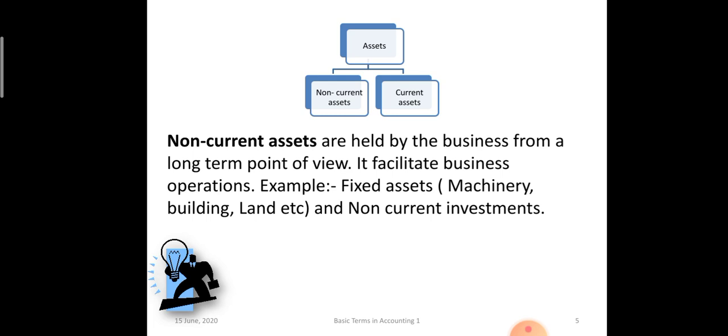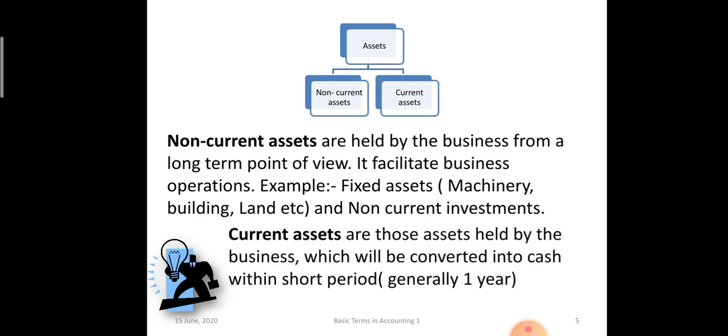Like machinery, once acquired, it will be used for a long period of time and it helps the business to produce goods. It generates a lot of economic benefit for the business. In the same manner, land and building are acquired keeping in mind a very long period of time. So any asset which remains in the business for a very long period of time will be known as a non-current asset. It increases the earning capacity of the business.